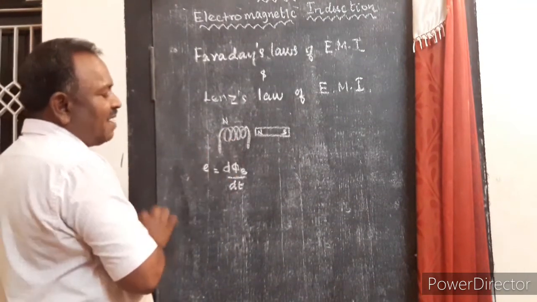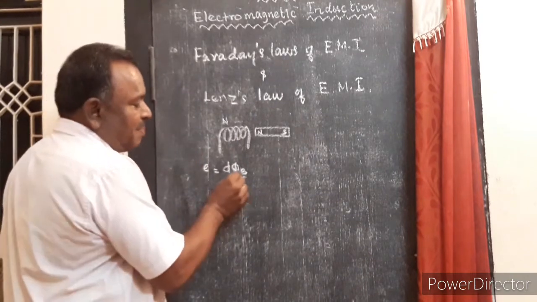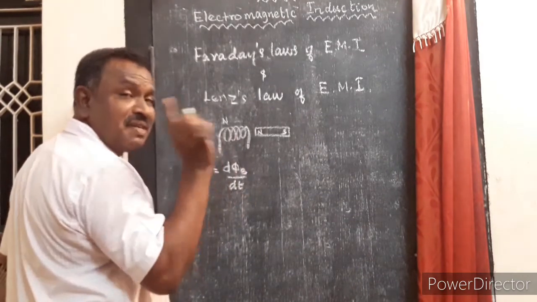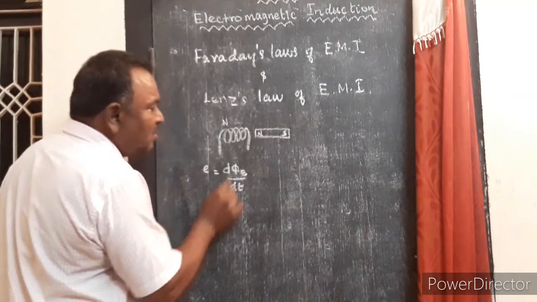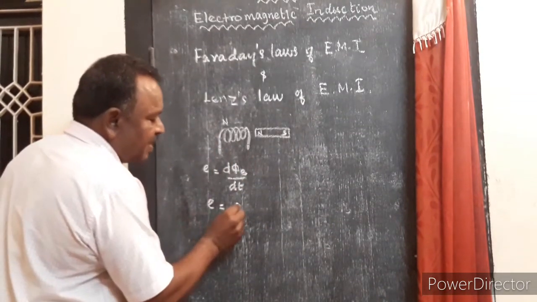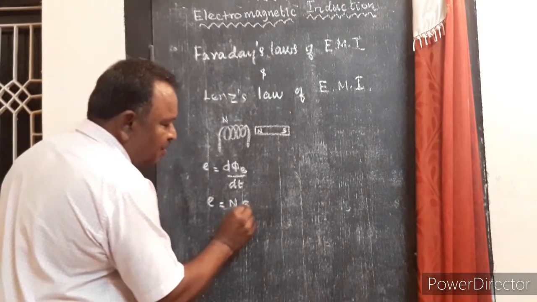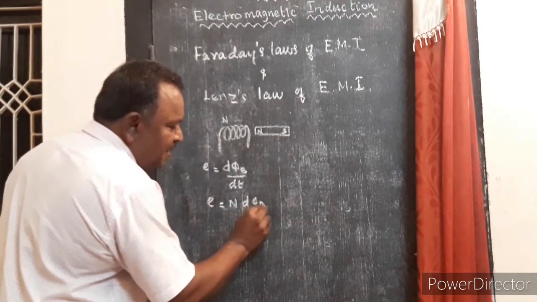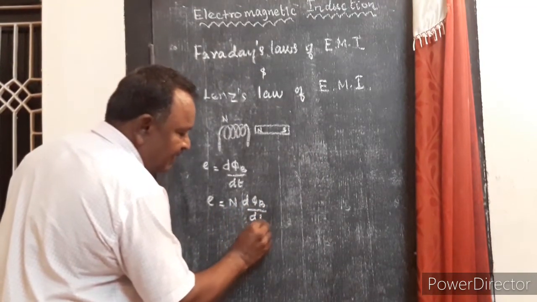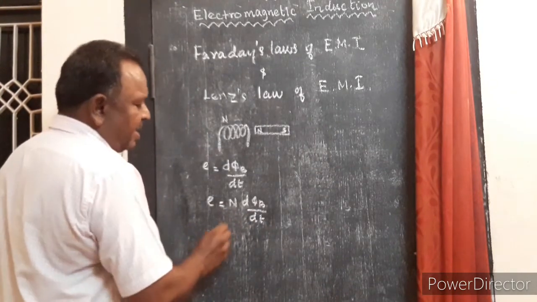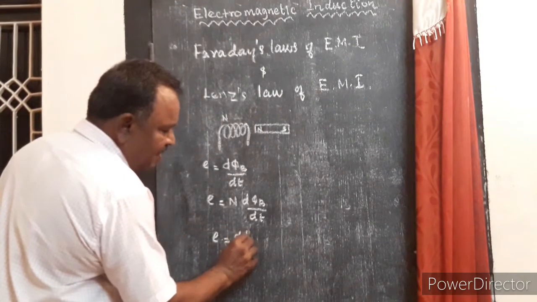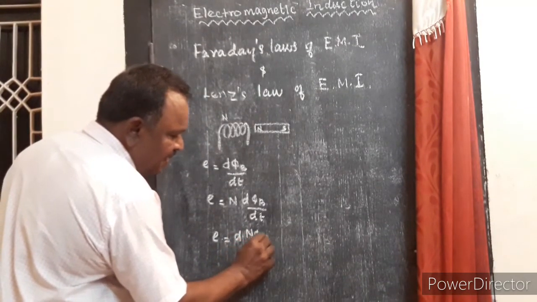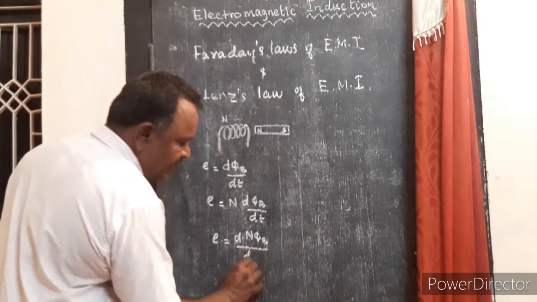Since this coil has n turns, and ΦB is the flux linked with a single turn, the induced EMF in all the turns of the coil is given by n times dΦB by dt. Or I can say E is equal to d(nΦB) by dt.